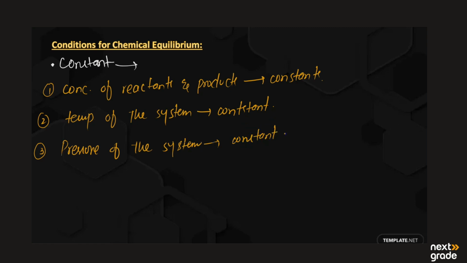Next, the fourth condition for the chemical equilibrium, we have the volume of the system, it must be kept constant.